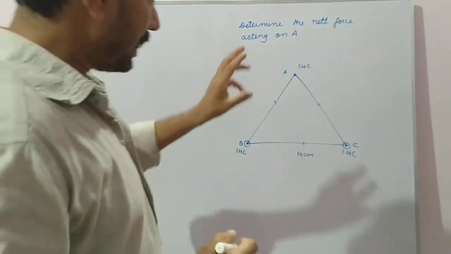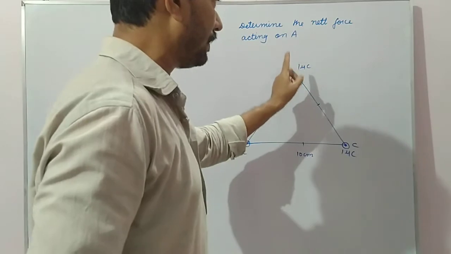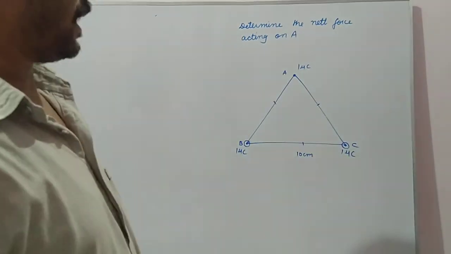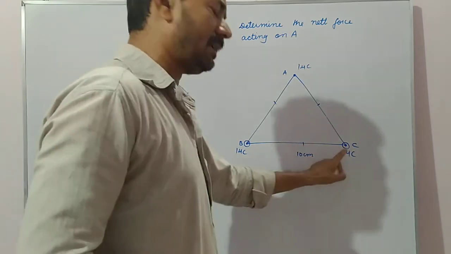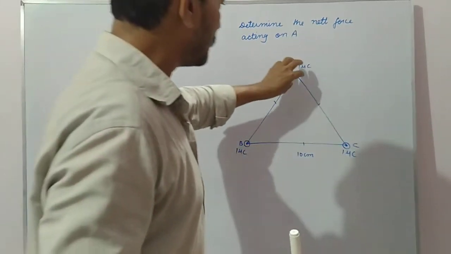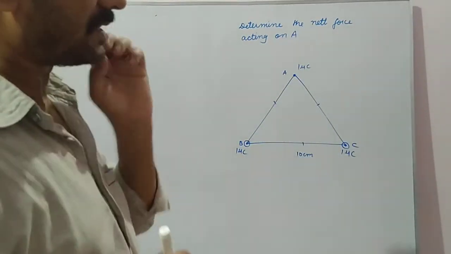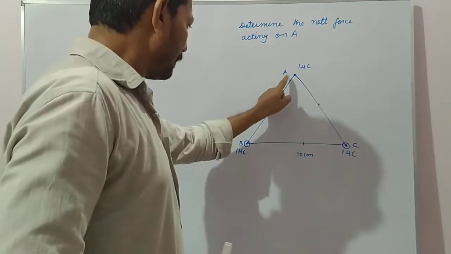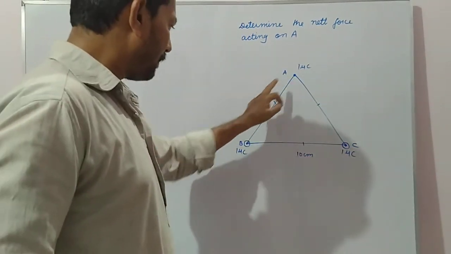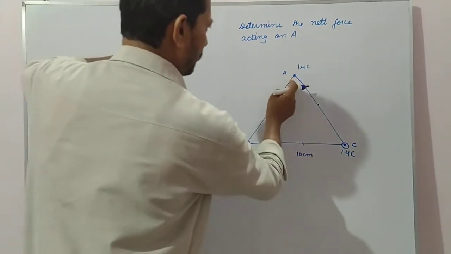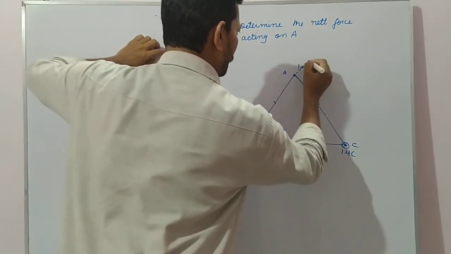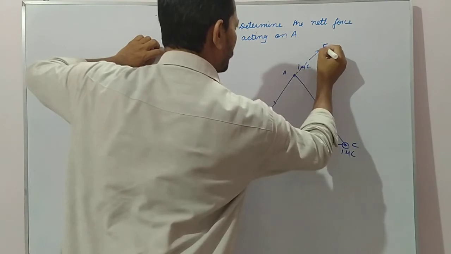Suppose we have to find the net force acting on A. That is why we are considering that the charges on B and C cannot move, and A is free to move. Due to B, there will be a repulsive force between A and B, and due to repulsion, A will move along this direction. So one force is F1.